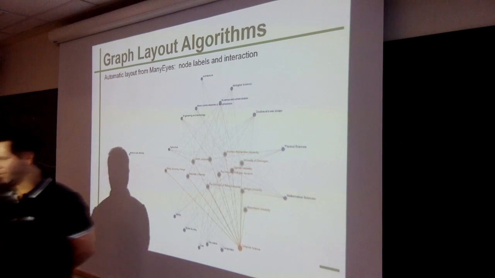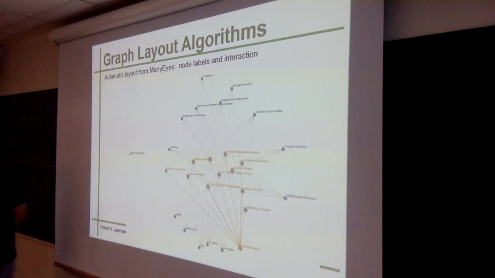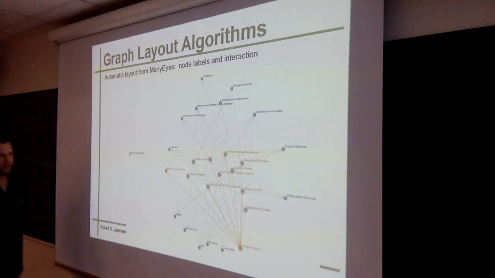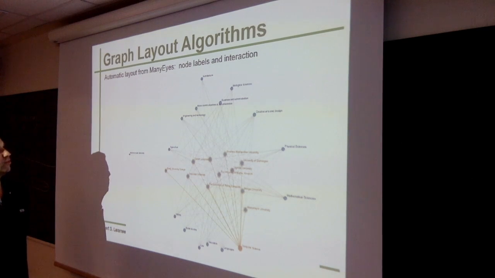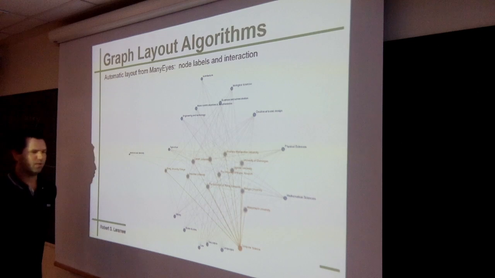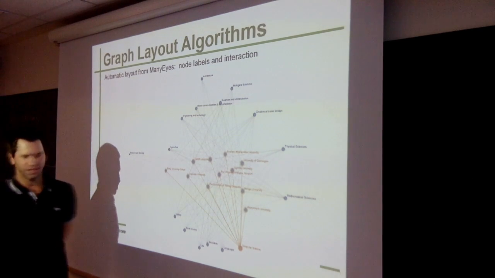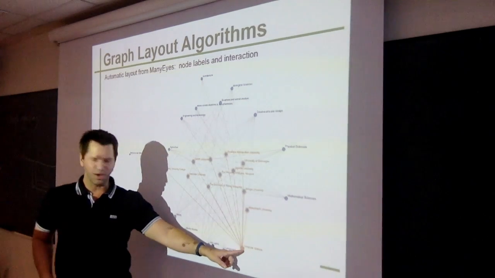So there are many graph layout algorithms. This is just an example of an automatic graph layout algorithm. We're not going to go into the details of the algorithm, but that's from the Many Eyes tools. What's nice about this example is it's an interactive graph. The user can just click on a node.